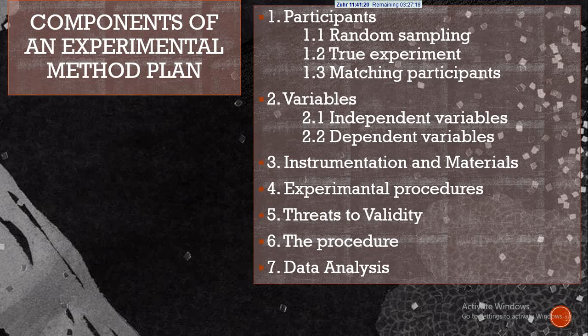A sound research plan calls for a thorough discussion about the instrument or instruments, their development, their items, their scales, and reports of reliability and validity of scores on past uses. The researchers also should report on the materials used for the experimental treatment.